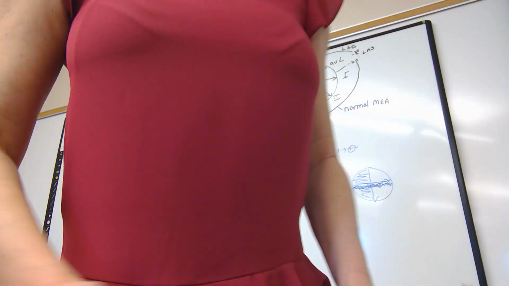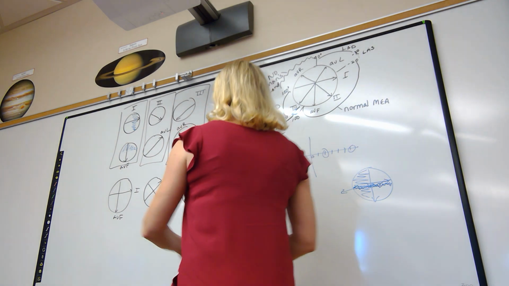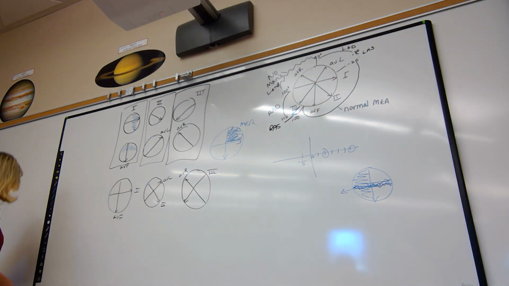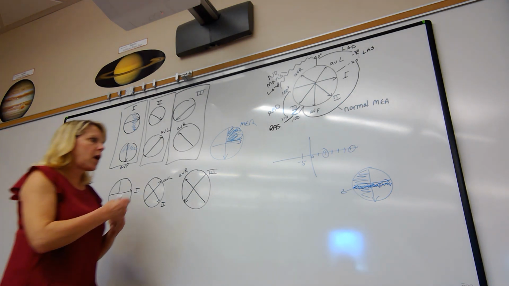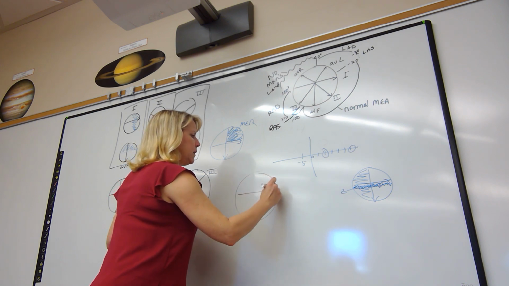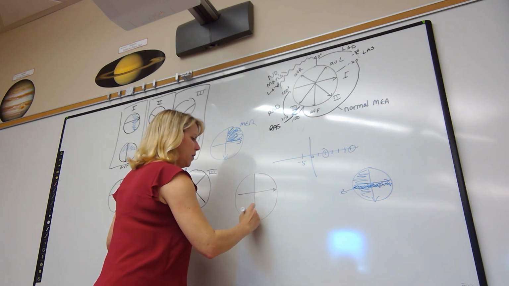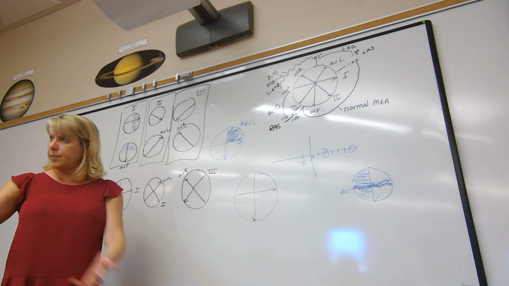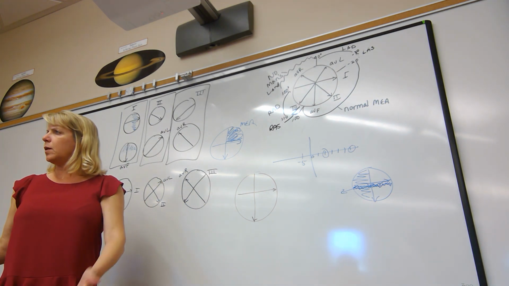If I told you you were playing with lead 1 and AVF, for example, I would expect you to draw a circle with lead 1 and AVF in the circle. I'm telling you which 2 leads you're playing with.